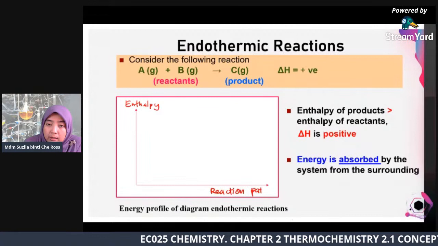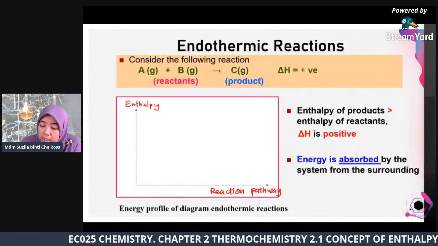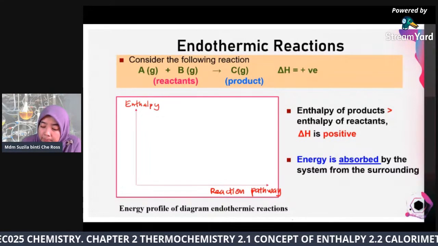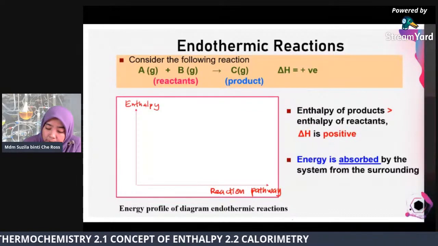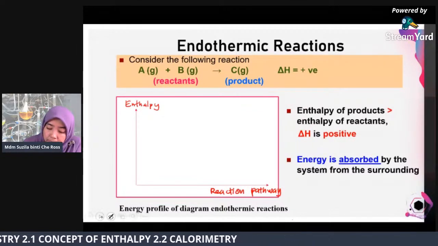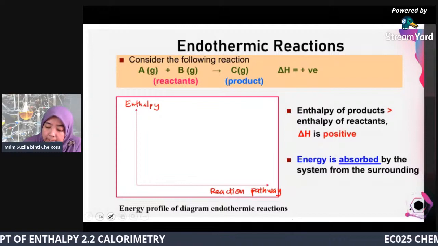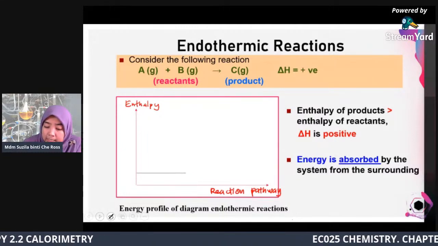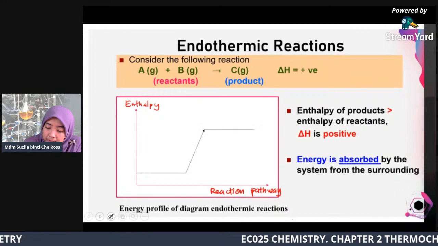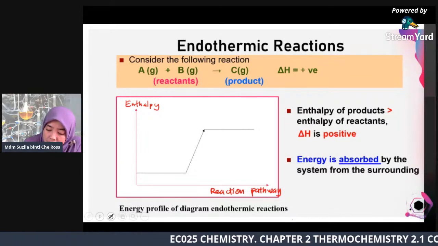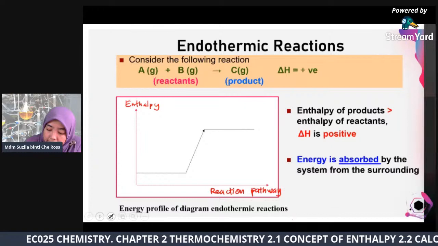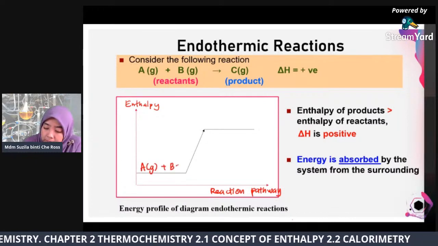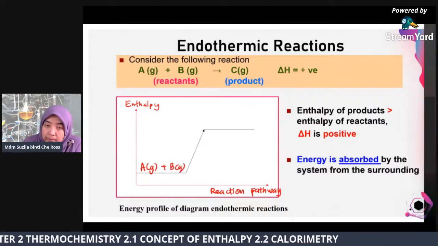Then we draw the enthalpy of the product greater than the reactant, so here we draw the reactant and then the product. Then we label the reactant and product involved: reactant A gas plus B gas, product C gas.